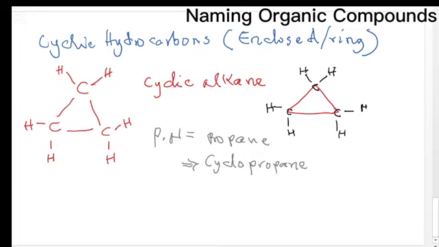So we can continue to have a lot of ring or cyclic alkane structures, right? The minimum, just like I said, is what, 3. So we can have 4 like this, enclosed, like a square or a rectangle. So this is another one. So can anyone guess what the name of this one will be?